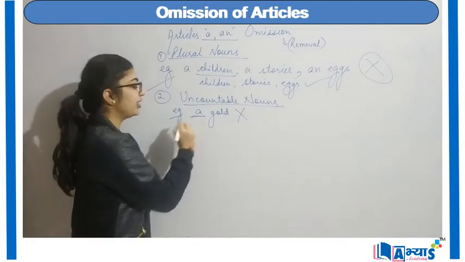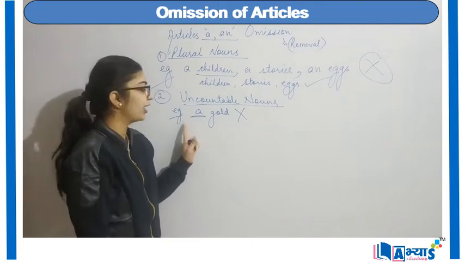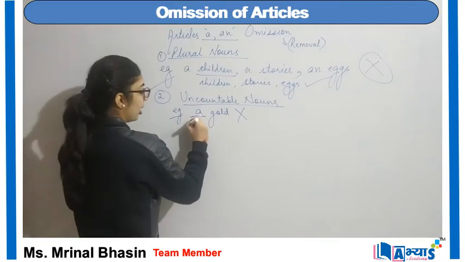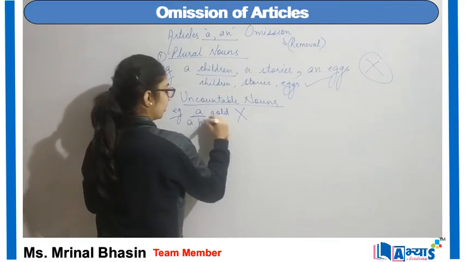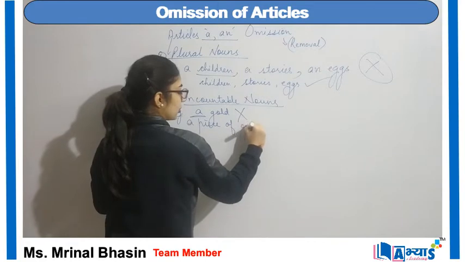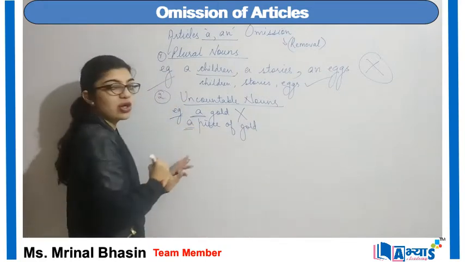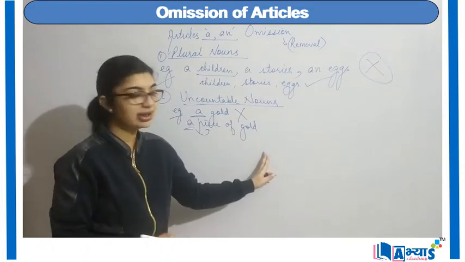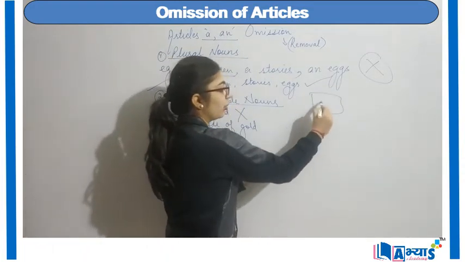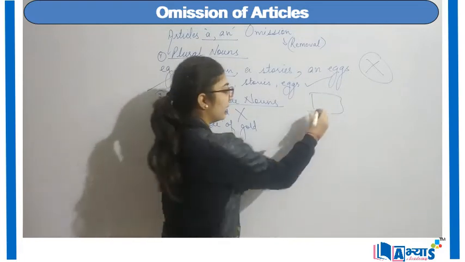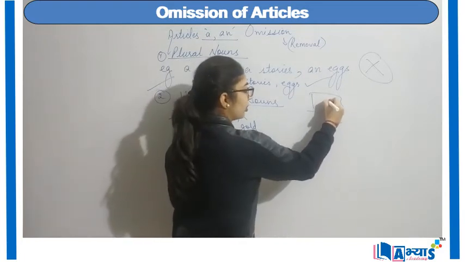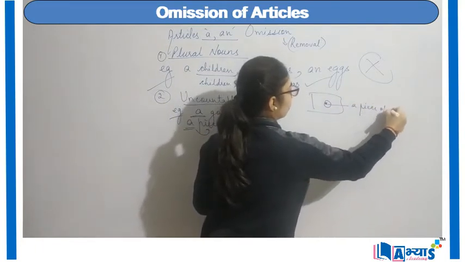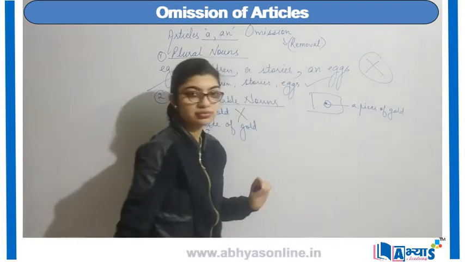We have to omit this article a, and instead of saying a gold, we can say a piece of gold. Here I am making use of the article a for the piece and not for gold. If this is the gold, I cannot say this is a gold, but if I'm just talking about this, I will say a piece of gold, right?